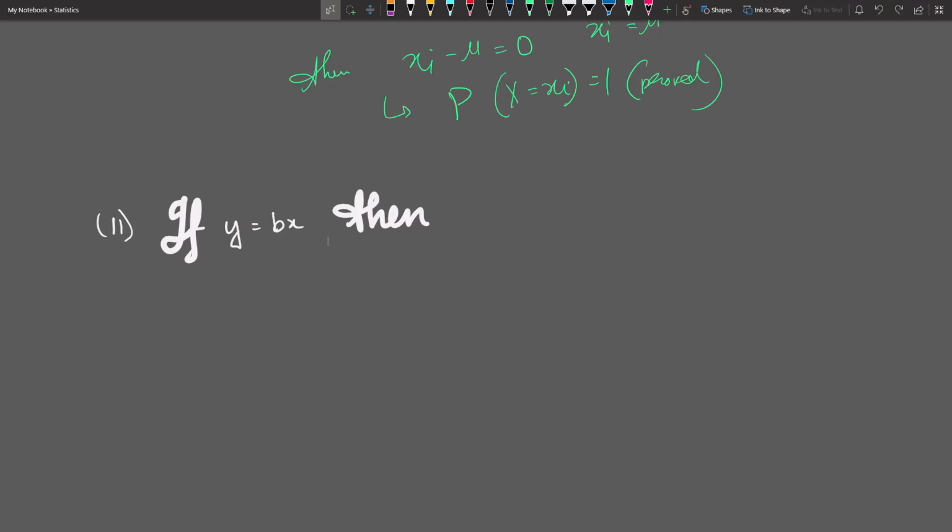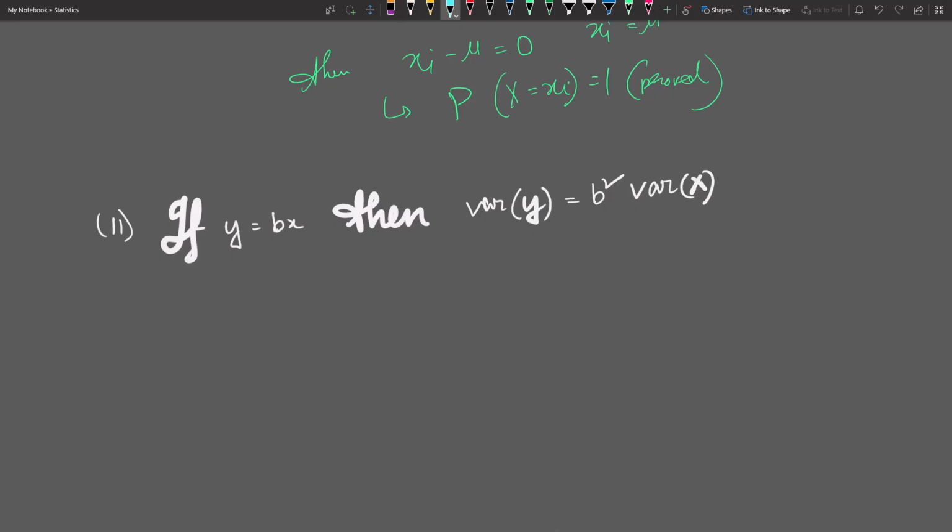I have bolded it for your comfort. If y is equal to bx, then variance of y is equal to b square variance of x.